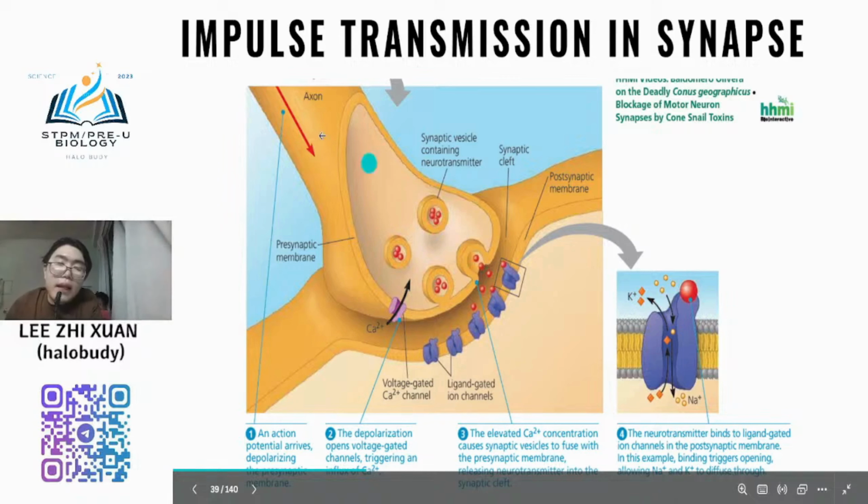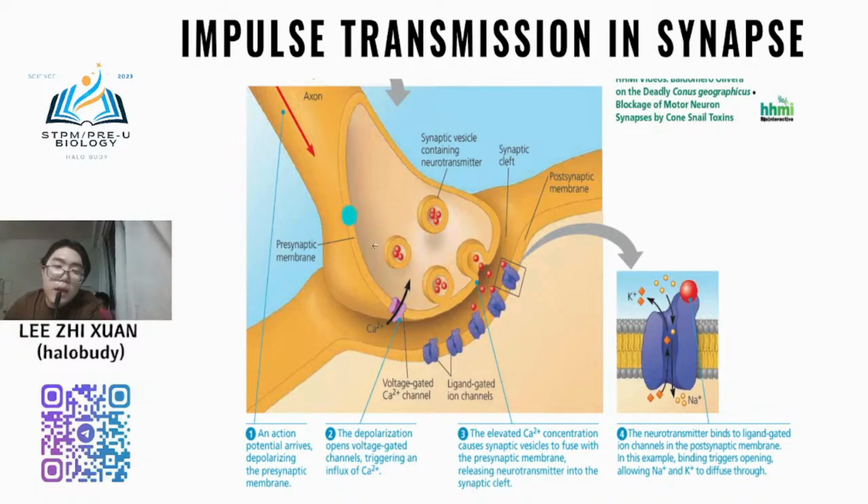when the electrical impulse has reached the synaptic knob, it will trigger the synaptic vesicle to release the neurotransmitter. But before that, you know the depolarization and repolarization process, right? So the action potential still occurs.